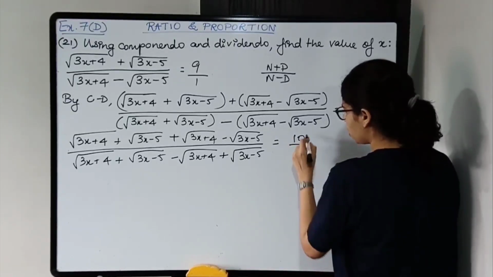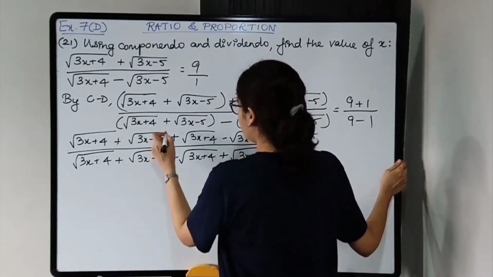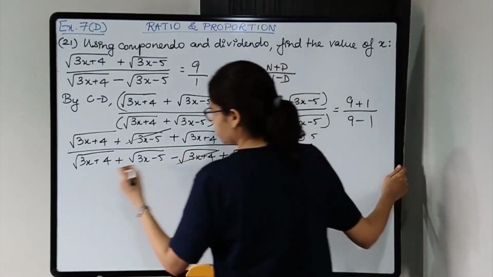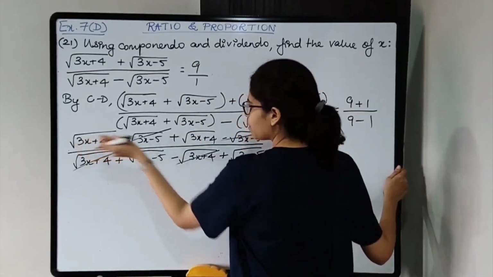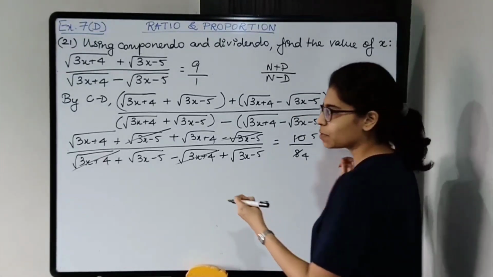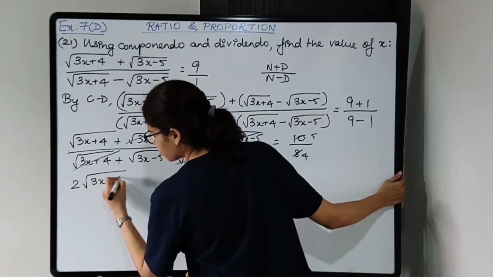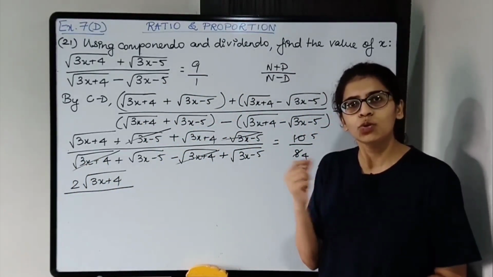So 2 4s are 8, 2 5s are 10. Okay, your root of 3x minus 5 will cancel, and your root of 3x plus 4 remains. So we are left with root of 3x plus 4 plus root of 3x plus 4. That gives 2 root of 3x plus 4. Okay, if you have root 2 plus root 2, it becomes 2 root 2.